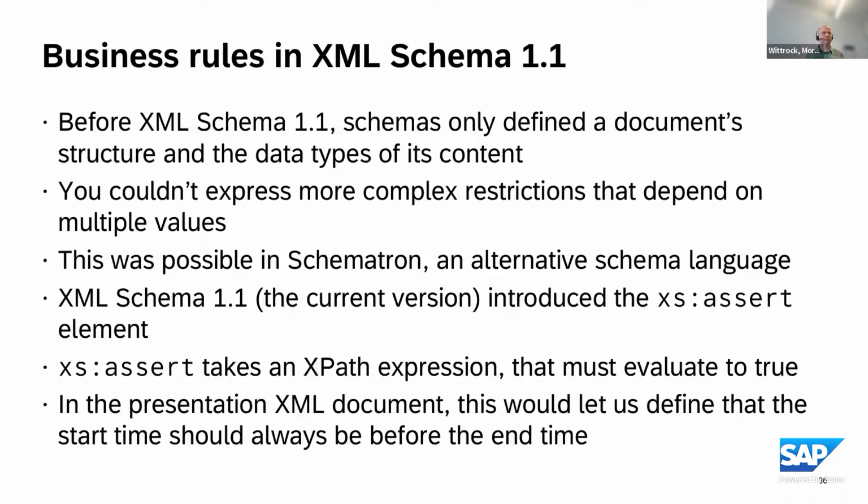An example business rule could be, in that purchase order example, let's say if you're ordering products of a particular category, like hazardous goods, you need to provide some additional information. So we have a business rule that says if a category is this, then these additional elements must be present. That you couldn't really express.